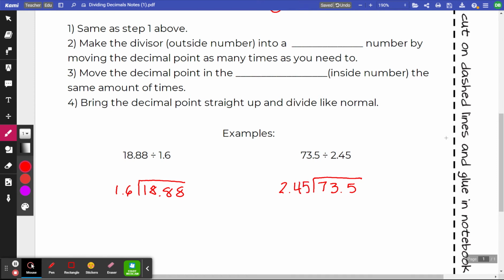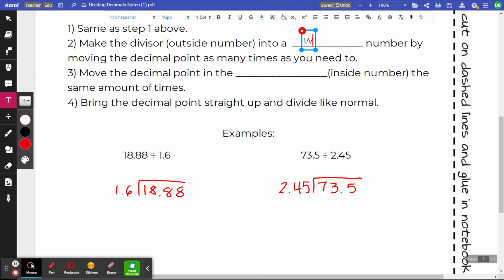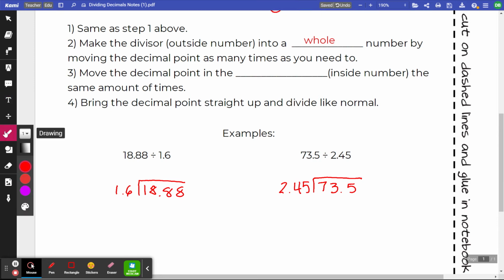All right, step 2, we need to make the divisor, which is the outside number, into a whole number by moving the decimal point as many times as you need to. So let me show you how this works. We're going to look at the divisor in the first example, which is 1.6.